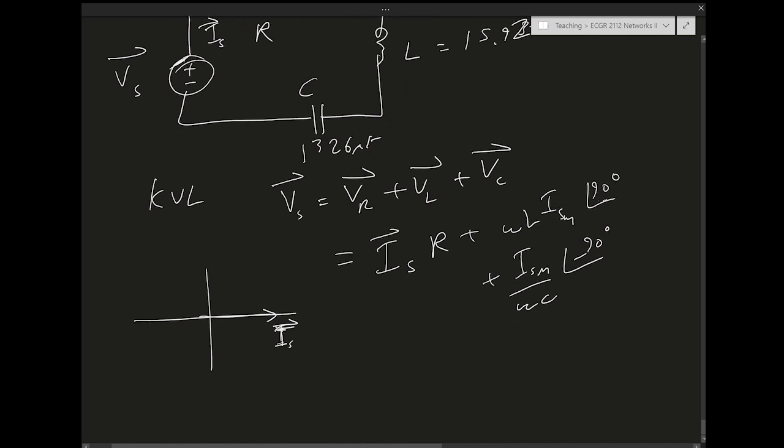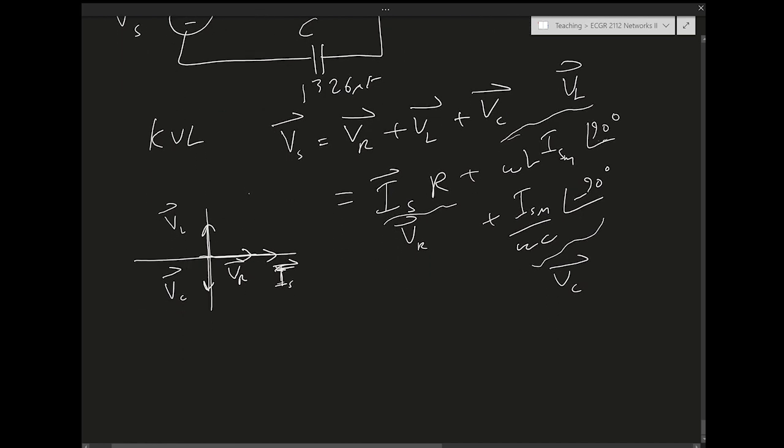Looking at this equation, this represents the voltage across the resistor, this the voltage across the inductor, this the voltage across the capacitor. Voltage across the inductor, VL, has an angle of 90 degrees. Voltage across the capacitor, VC, has an angle of minus 90 degrees, and this is VR, which is in phase with IS.